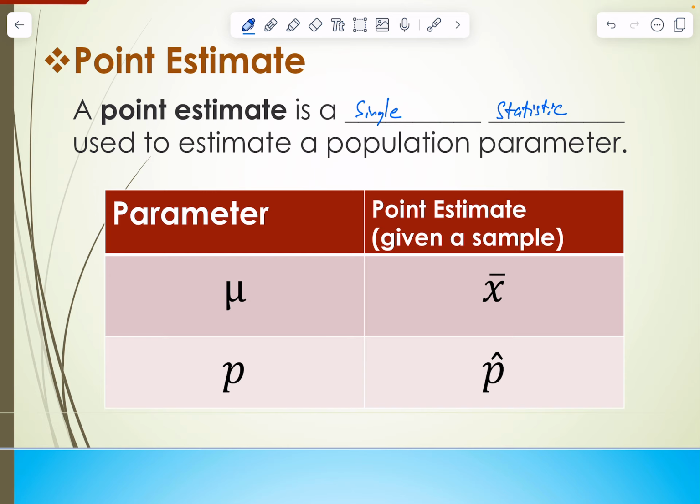If you want to estimate the mean, then the best thing you can do is just take the mean of your sample. If you want to estimate a proportion, what percentage of the population is left-handed, female, anything like that, the best thing you can do for a point estimate is just use the sample proportion.